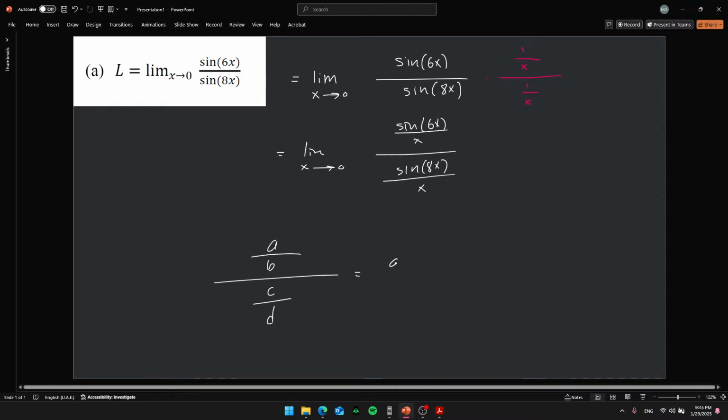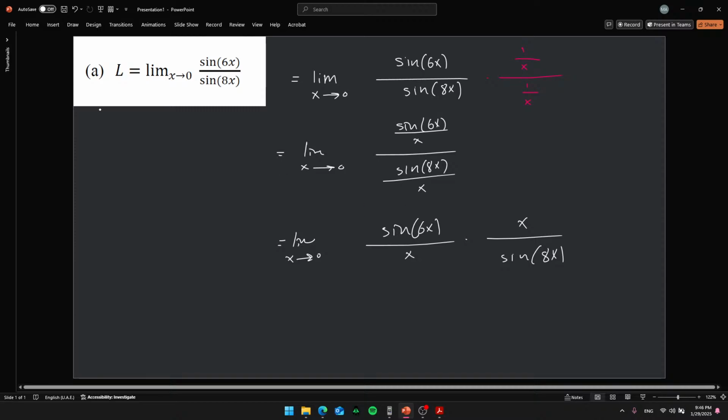If you want to change it into multiplication, leave the top fraction as it is and multiply by the reciprocal or the inverse of the bottom, so d over c. 6x.